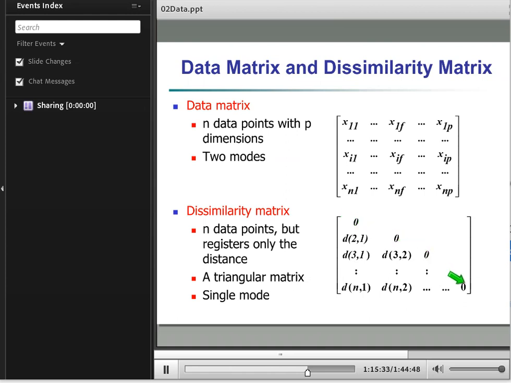As I said, dissimilarity is equal to 1 minus similarity. So for each data object, we can see this dissimilarity value is 0. And for the rest of the objects, the rest of the data points, I should find the distance between two attributes.